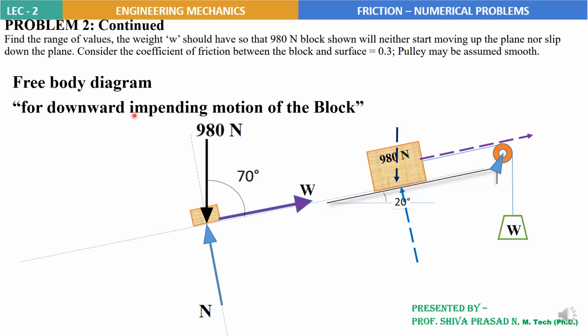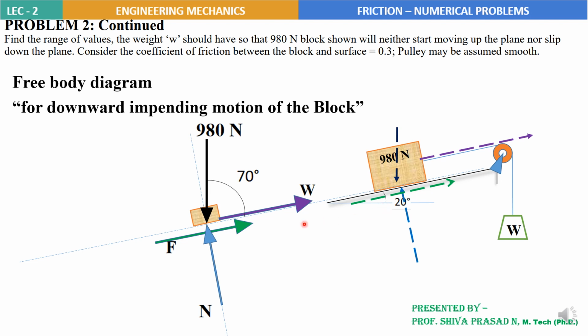Now for downward impending motion of the block, that is, if the block is on the verge of sliding down, the friction force should act in the direction opposite to the motion. So if the block slides down, the friction will be in the opposite direction, that is, the friction force is assumed in the right side direction.